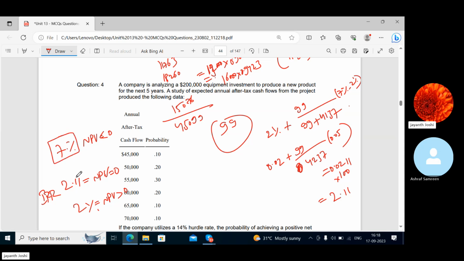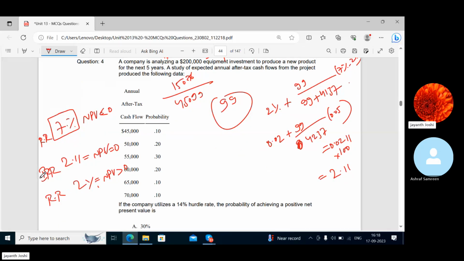See, let's say this is the required rate. Now you tell me, under this rate, I can take up any project, right? Yes. Why can I take any project? Because I'll be getting positive.